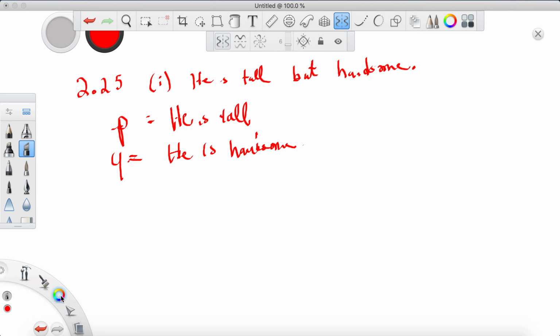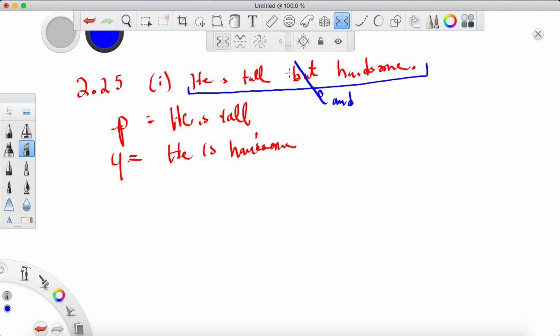Okay, so with that in mind, the first thing to do is to rewrite it. We see the "but", and we're going to convert that to an "and", right? When you use "but", it's kind of like a value judgment.